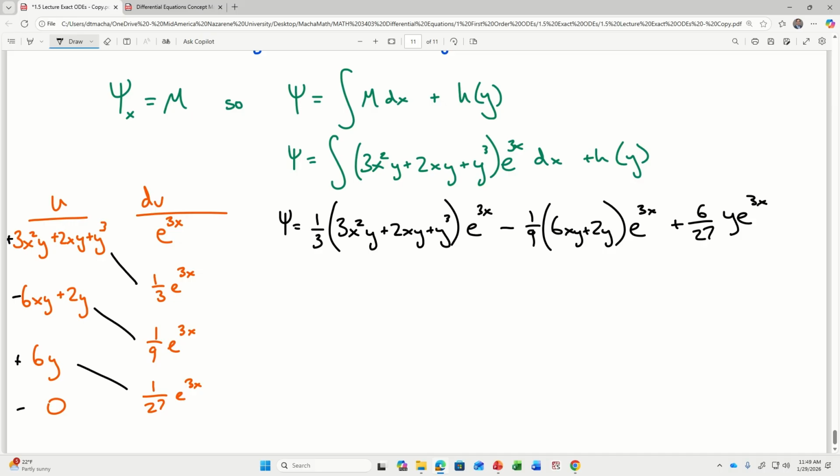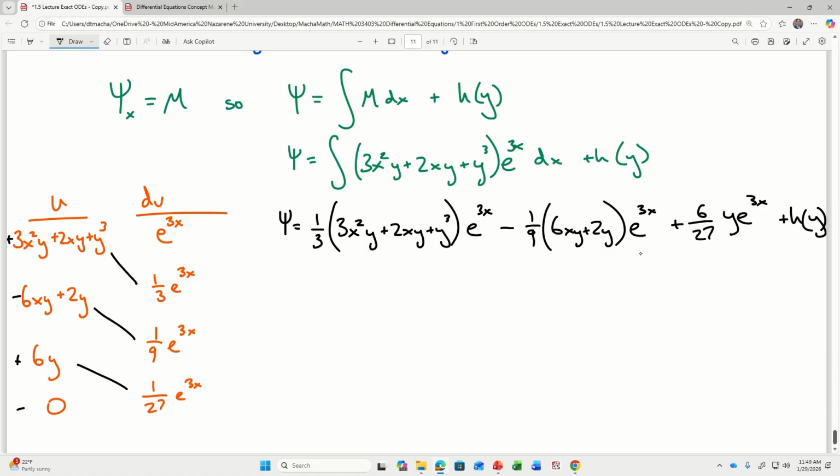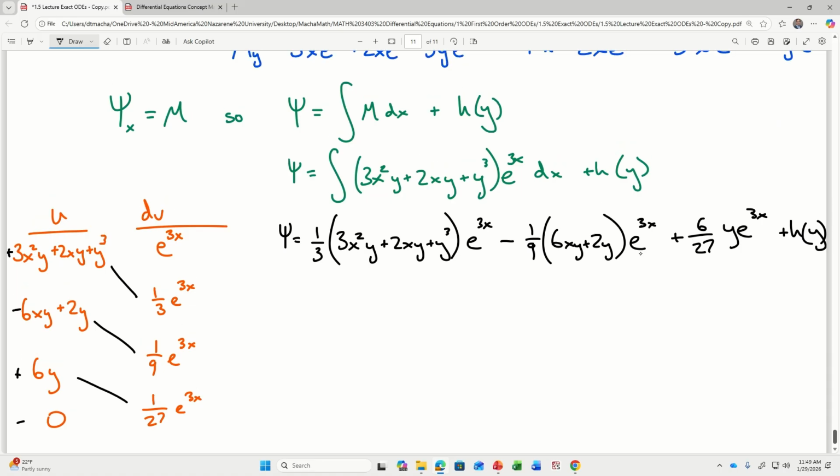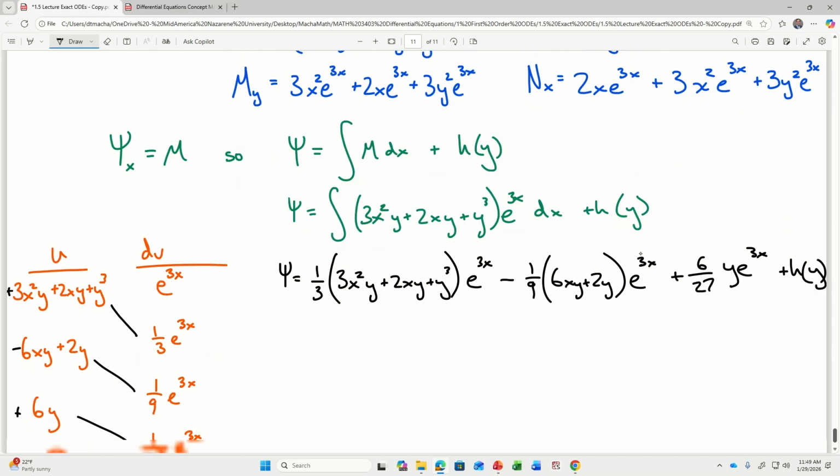And I don't need a plus c because I'm just looking for any function that satisfies these relations. It doesn't necessarily have to be something specific. It's just an integrating factor, right? Well, kind of. You get what I mean. The h of y part is still unknown.